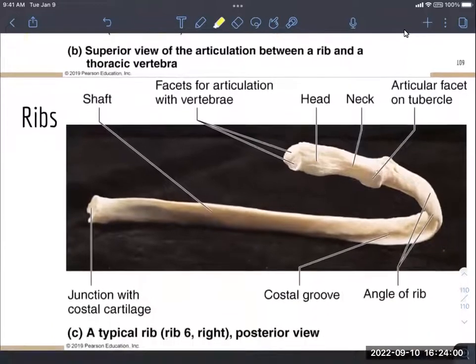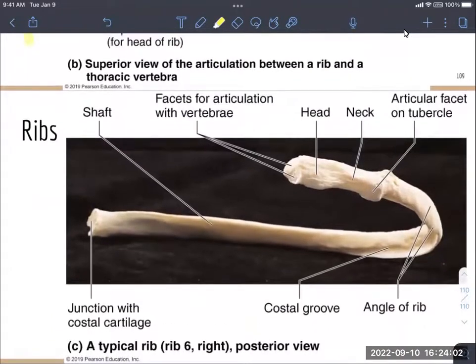So here it is on a real rib. Again, we have the head that articulates with the vertebral bodies. We have the neck of the ribs just past it, and the articular facet on the tubercles. We have the angle of the ribs.